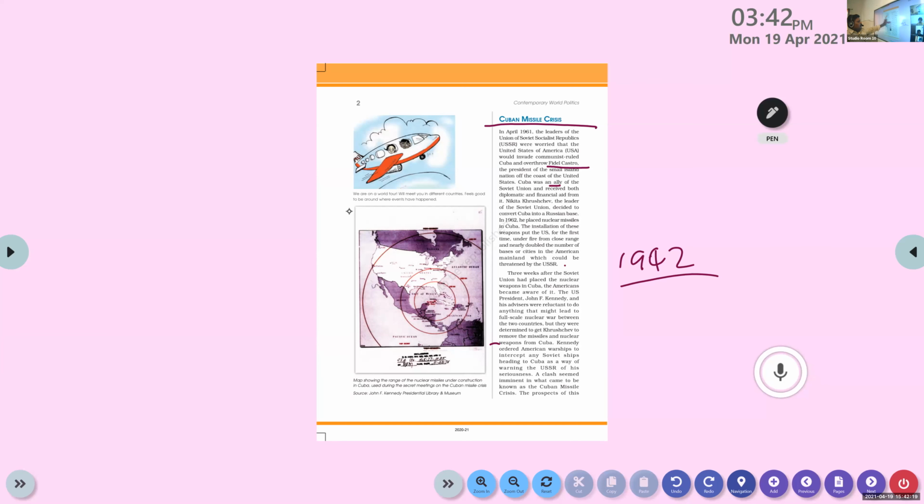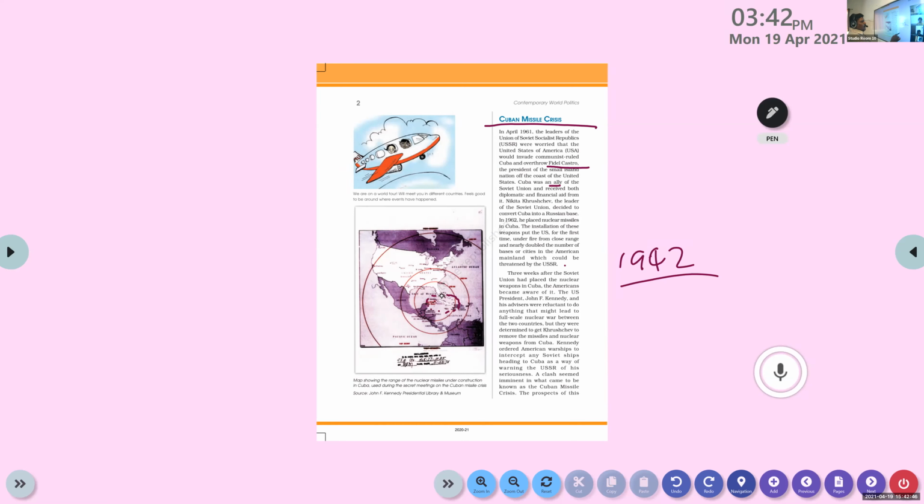So America gave an order to its navy: intercept the Russian ships, not allowing any Russian ships to enter the Cuban territory. So they made a blockade around Cuba with the American ships.